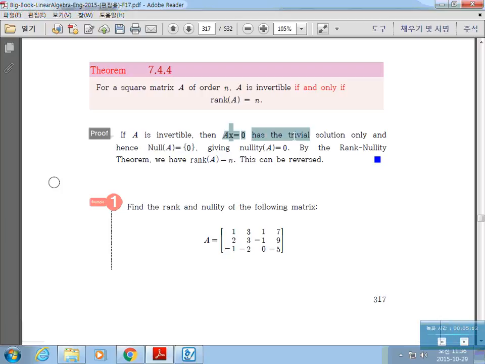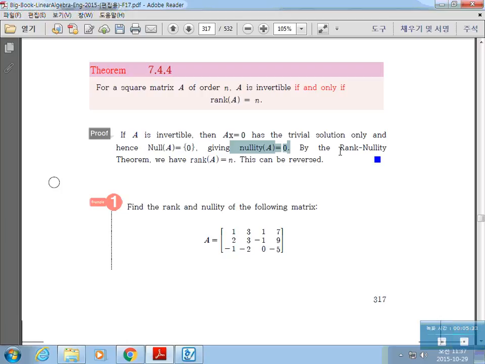So AX equals 0 has the trivial solution only. So what's the null space of A? Only the zero vector. What's the nullity of A, the dimension of this null space? That's 0. There are no linearly independent vectors in it, so the dimension is 0.